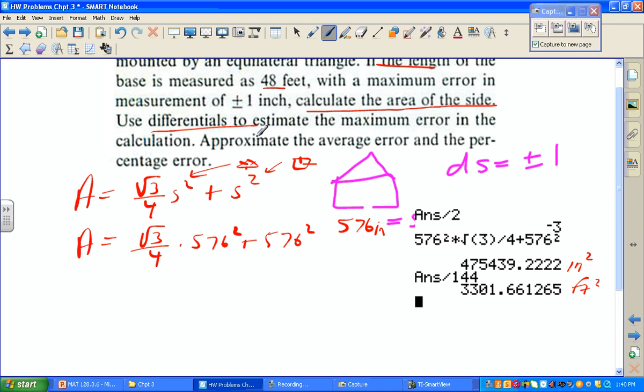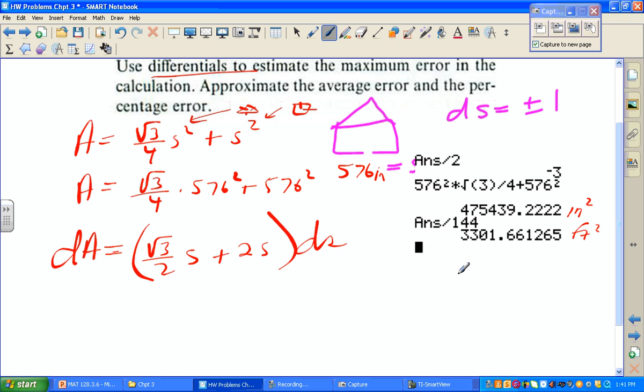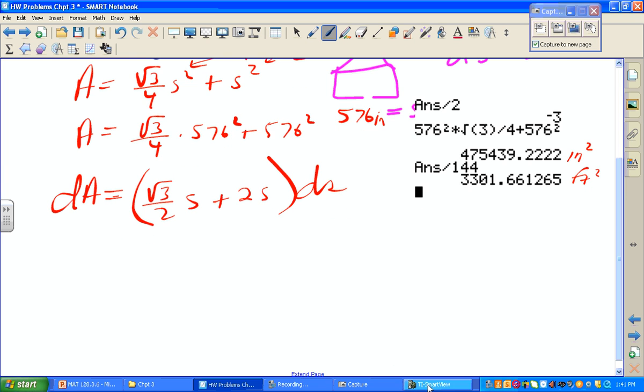Next, use differentials to estimate the maximum error in the calculation. Okay, I don't know. dA, is that right? So that'd be square root of 3 over 2 s plus 2s times ds. Did you get this? I took the derivative of A, dropped the 2 out in front. Again, just put in the 576 for the s.